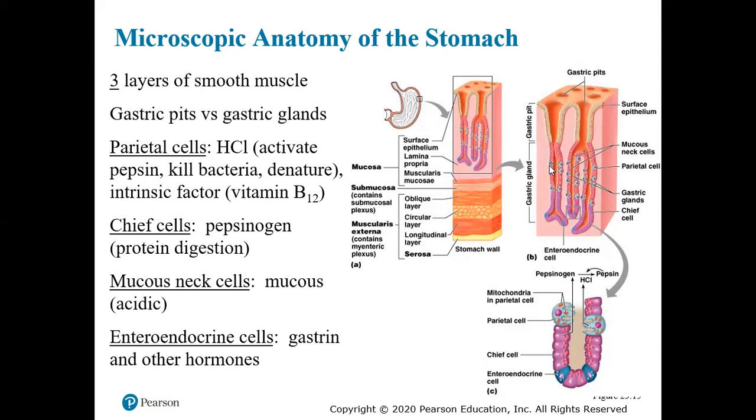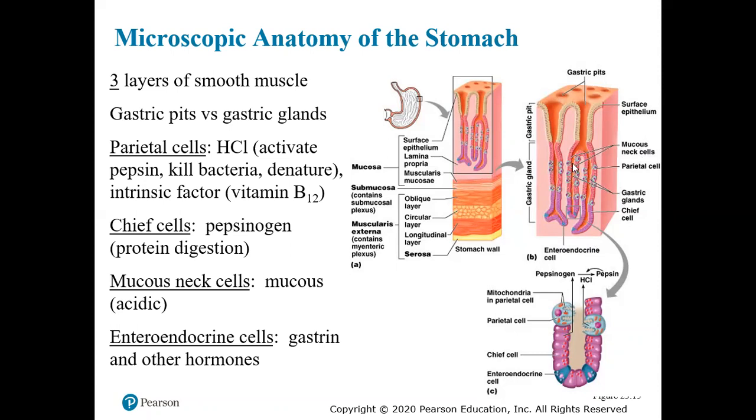So the gastric glands are going to contain mucus cells, parietal cells, and chief cells, along with the enteroendocrine cells. So the gastric gland contains multiple cell types that will produce multiple secretions.